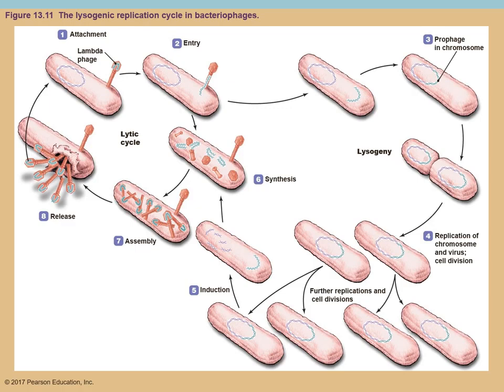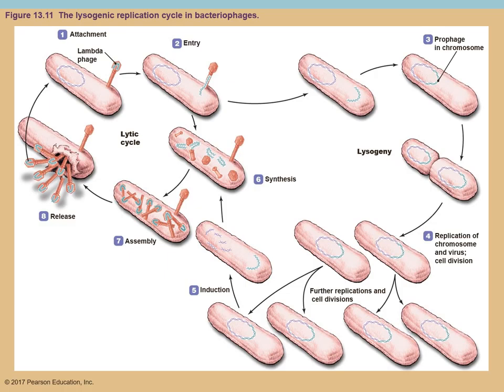Think about it. That's pretty smart on the part of the virus. It doesn't have to do any work at all. It's letting the bacteria replicate the viral DNA as it replicates its own bacterial DNA. Sit back and let you do all the work.